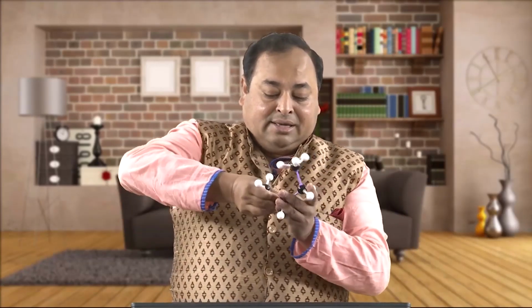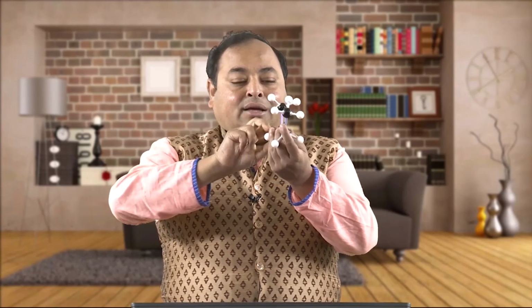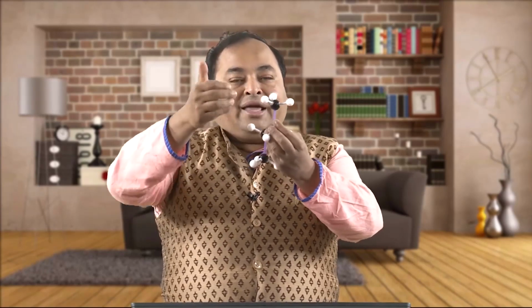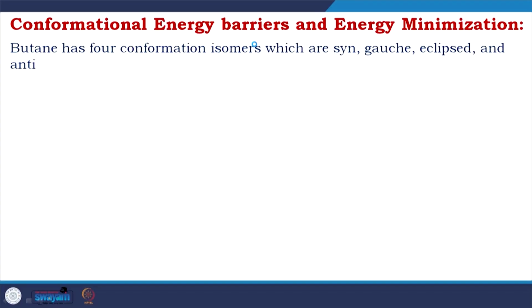Now if you see, there is a steric clash, and that's why this conformer and this conformer are energetically very different. So conformational energy barriers and energy minimization. I will not go into energy minimization, but I will introduce the concept here.